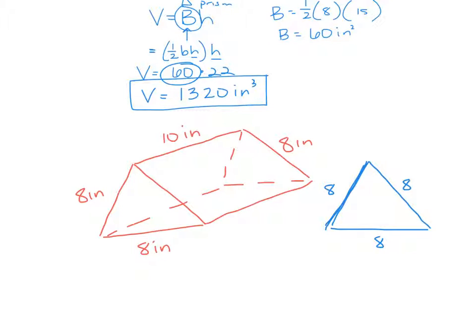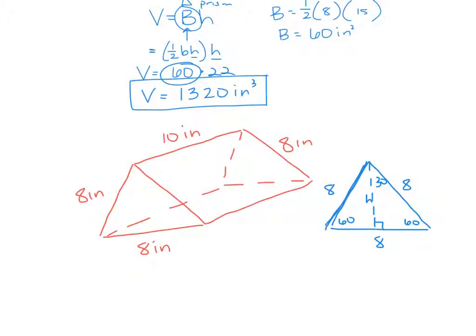Okay, so if all the sides are 8, if it's equilateral, what are all its angles? 60. Okay, so that means this is 60 and this is 60. But if I want to find the area of this triangle, I need a height. So if I draw my height in, right, there's the height of my triangle, which makes that what kind of triangle? 30, 60, 90. A 30, 60, 90.